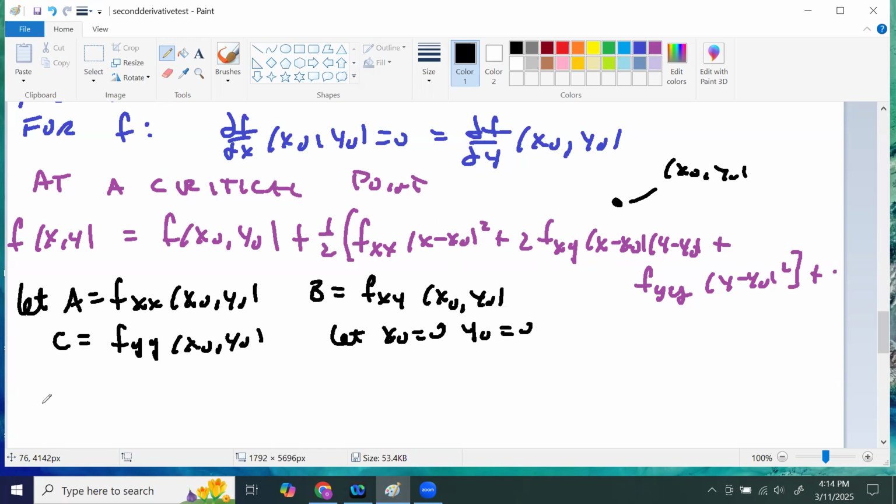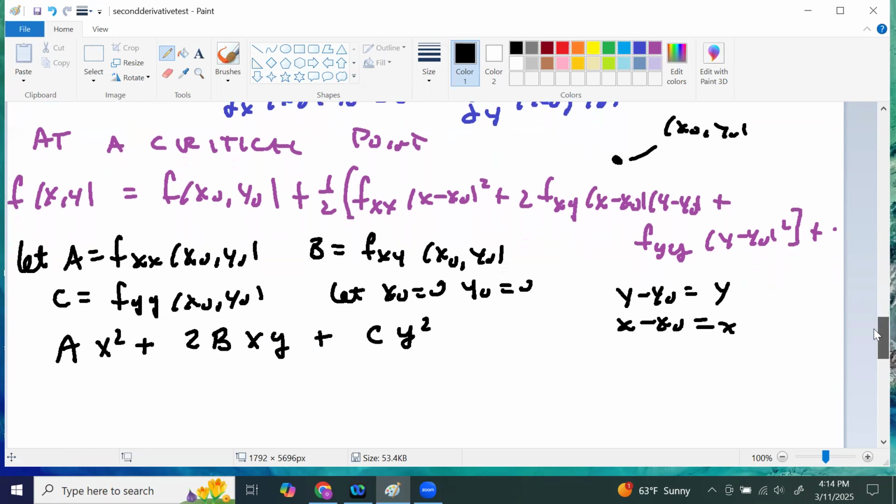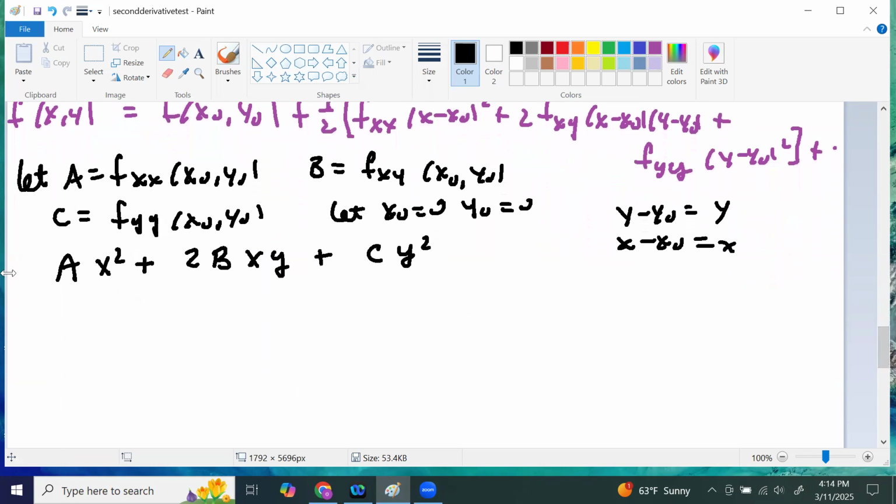So what I'm going to actually look at is the function a x squared plus 2b x y plus c times y squared. So I'm going to let y minus y naught be y, x minus x naught be x, setting these equal to 0 just to keep them out of the way. And so I'm going to look at this right here.